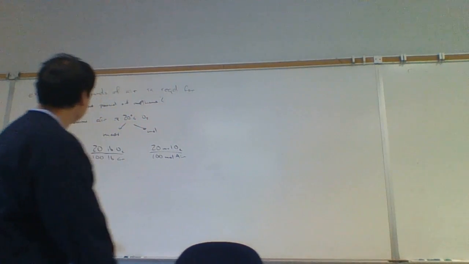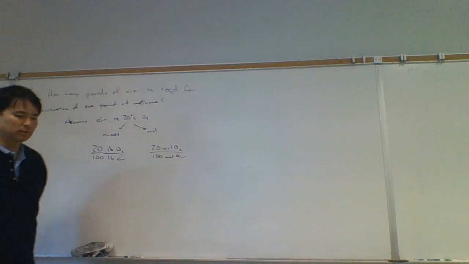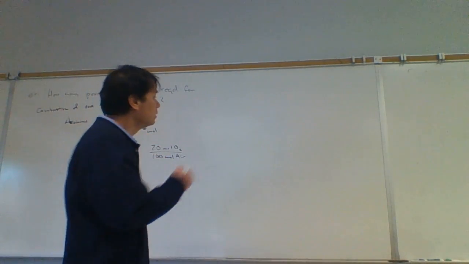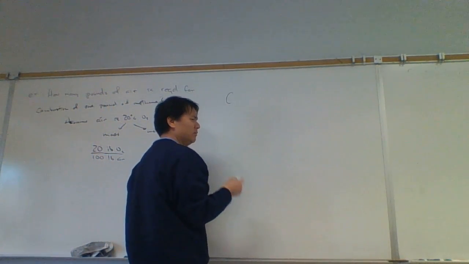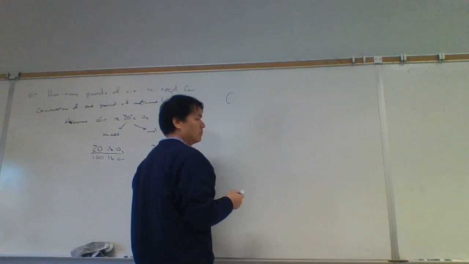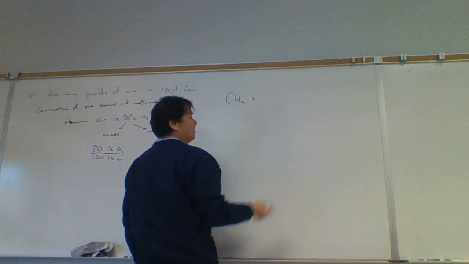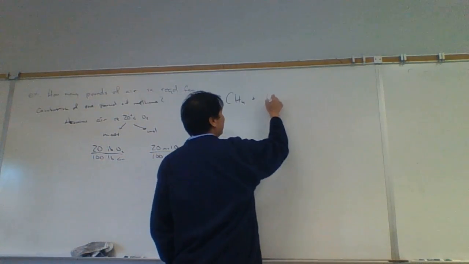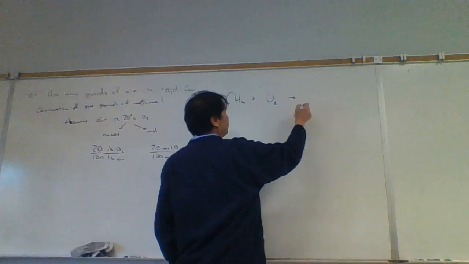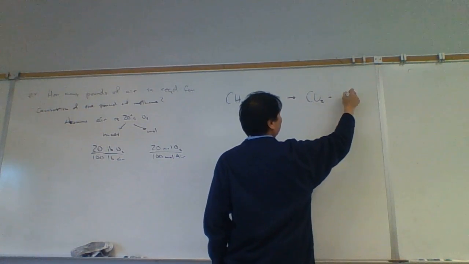So how many pounds of air is required to complete combustion? Well, any stoichiometry problem, we've got to start off with a balanced chemical equation. So let's go ahead and get it. Methane, what's the formula for methane? CH4. And then when we do combustion, we react it with oxygen, pure oxygen, to form carbon dioxide and water.